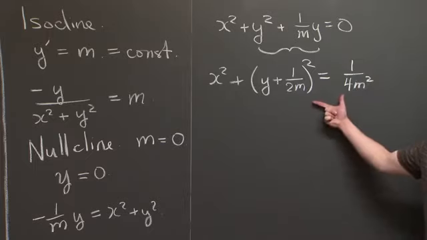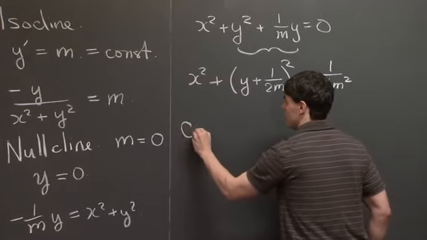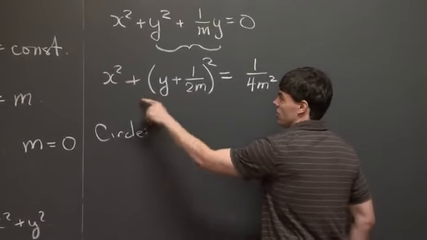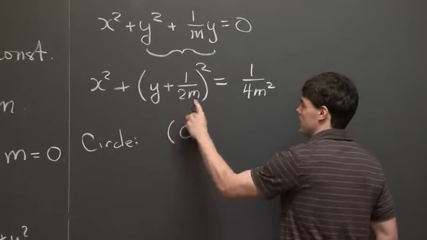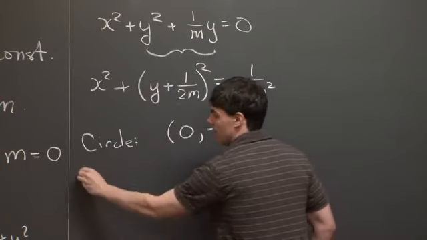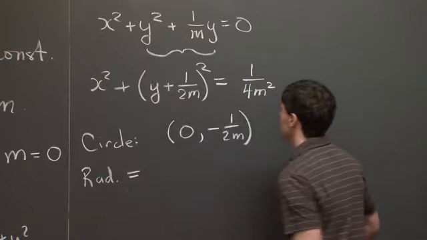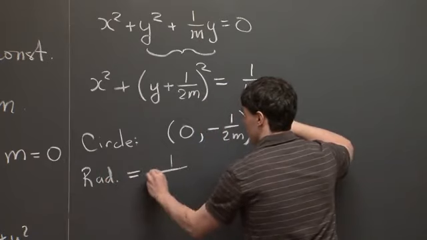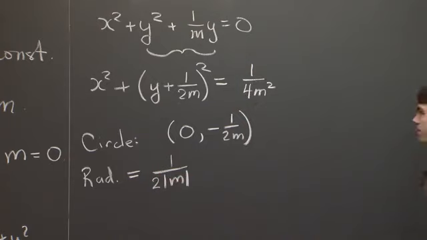And we recognize this equation as the equation for a circle. Specifically, it's a circle that's centered at x is equal to 0 and y is equal to negative 1 over 2m. And in addition, this circle has a radius. R squared is equal to 1 over 4m squared, which means its radius is 1 over 2 times the absolute value of m.